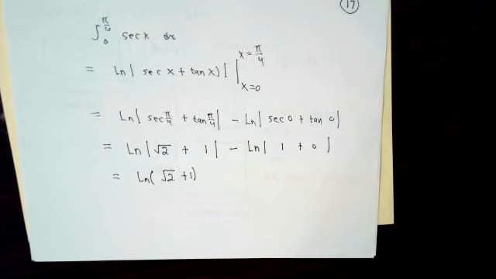I have to stick x equals 0 and x equals pi/4 into that, and then subtract. And when all of the dust finally settles, the answer comes up to be the natural log of 1 plus the square root of 2. I checked this with my calculator routine, and this is the correct answer.